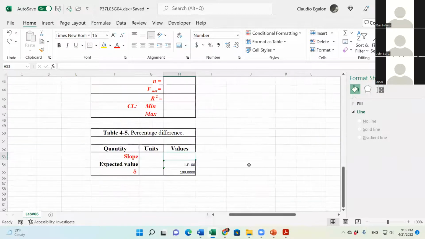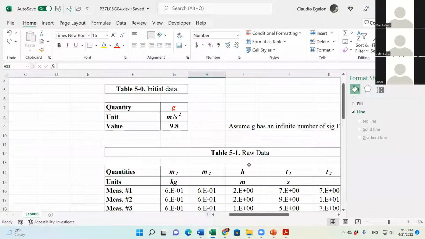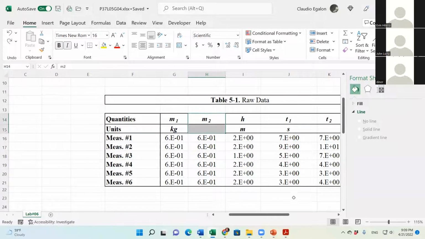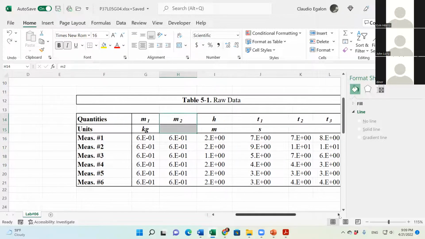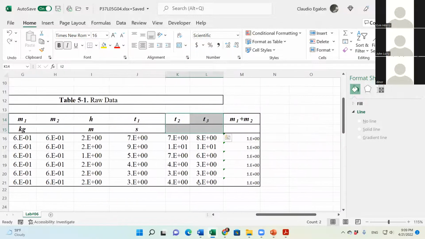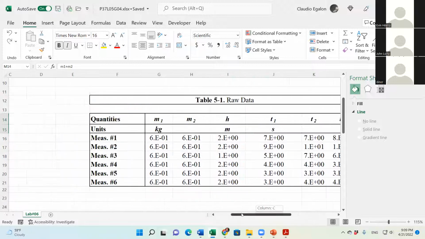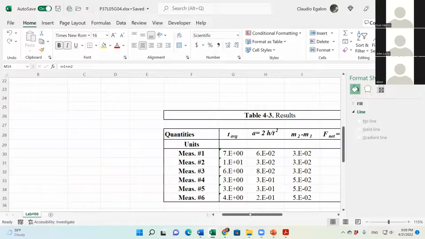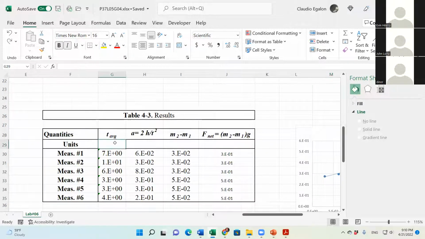Okay, the units. What's the unit for the mass? What's the unit for T1 and T2 and T3? What's the unit for M1 plus M2? Okay, good. What about the others? What's the unit for T average?